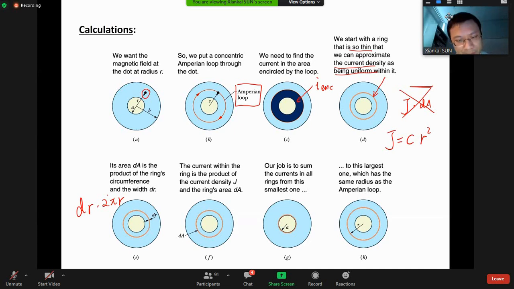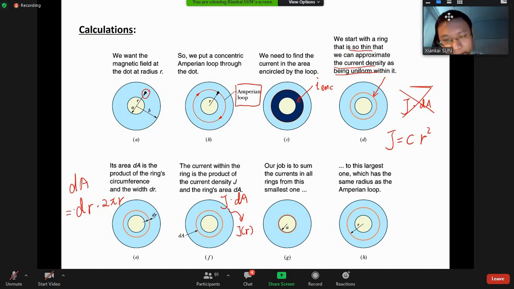Okay. On the other hand, the current within the ring is J times dA. Just remember here the J is not constant. So J is a function of r. dA is equal to dr times 2 pi r.